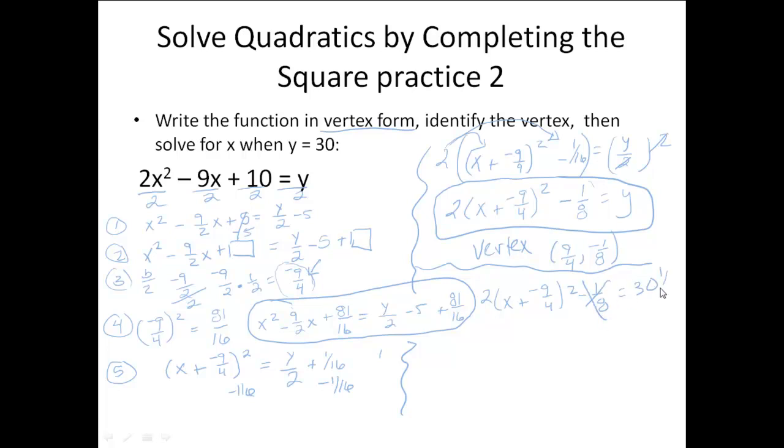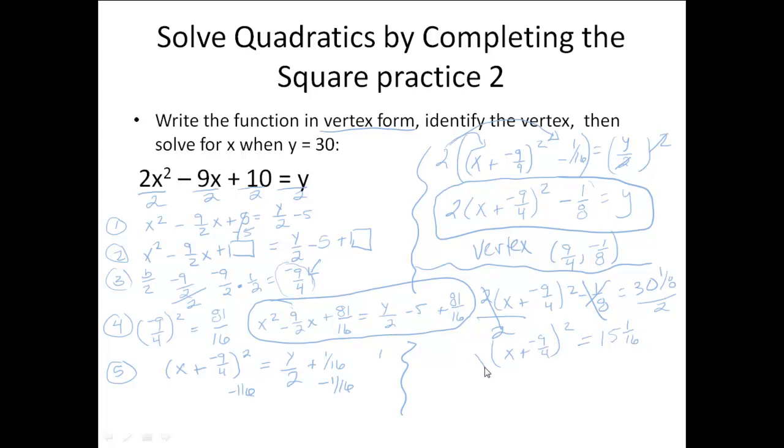So I will end up with 30 and 1/8. I am going to divide by 2 on both sides. And I would be left with x plus negative 9/4, that quantity squared, is equal to 15 and 1/16.